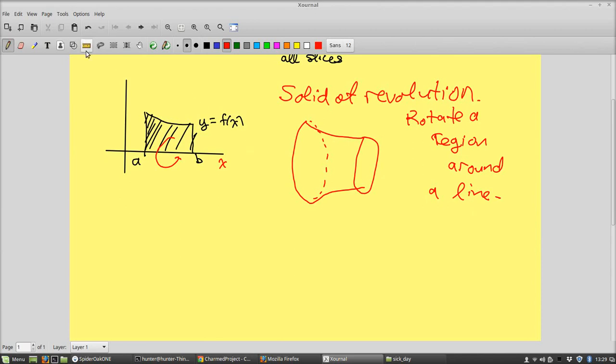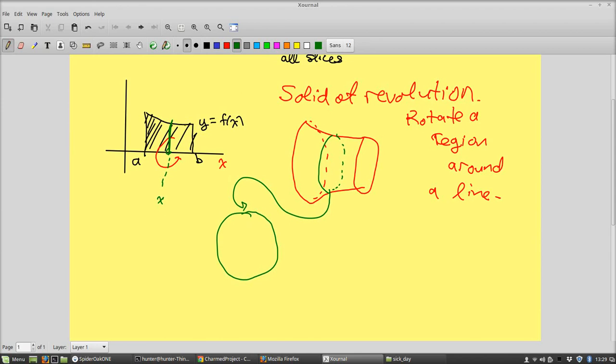One convenient thing about solids of revolution is that their cross sections are always just circles. So a typical cross section of this thing will just be a circle, and here's the x that gave rise to that circle.